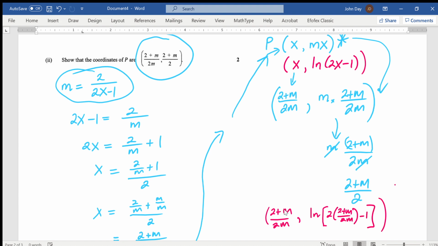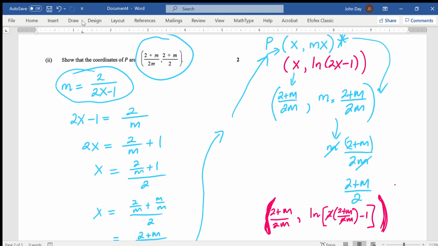They could legitimately have said, show that it's some version of that. That would cancel down and you might be able to make it look a bit better. But that is also relevant, it's just not what they asked. They were just asking to show that the coordinates of P are given in that way.